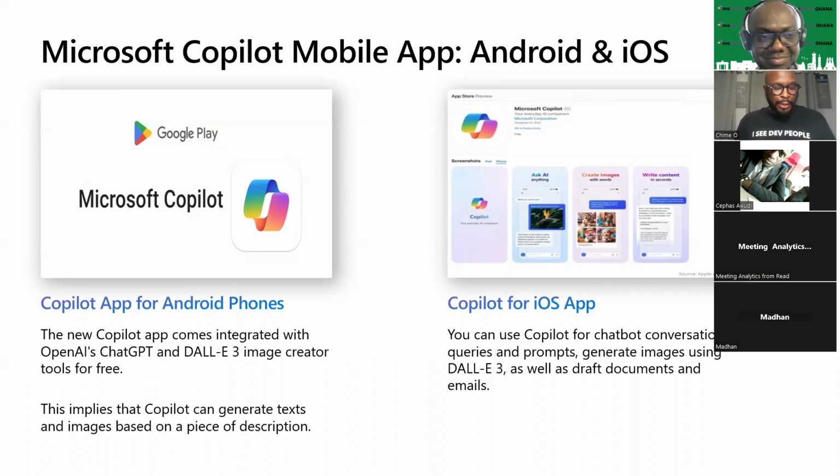I'm using an Android phone, and I've downloaded that. It's free. I didn't go for the Pro. You can see I've got my Copilot. If you've got Android, you can use it, and iOS too. You can also download that for your everyday AI companion. You can use voice integrated technology. You can type, and also upload images as well.